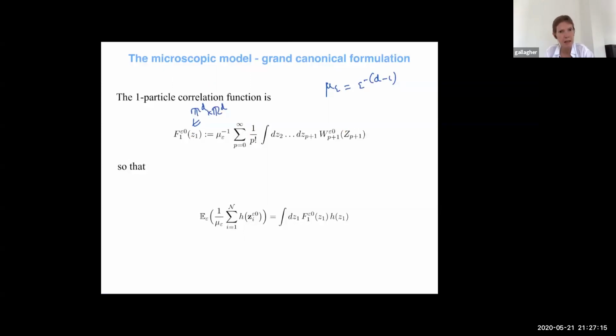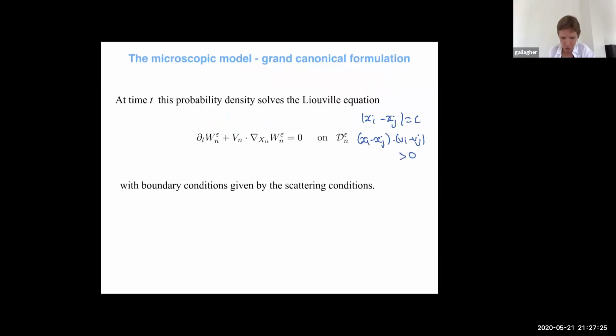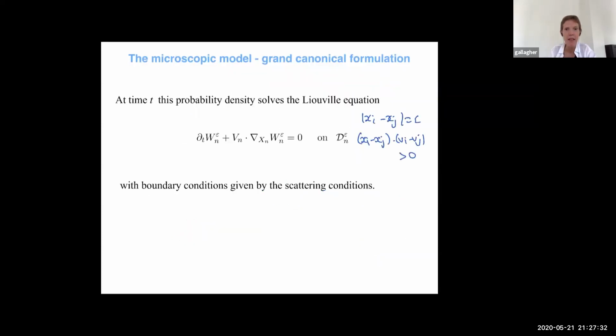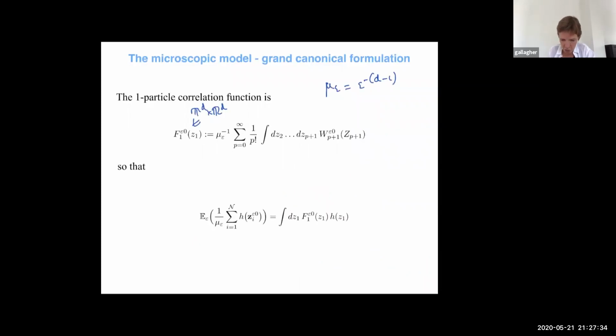Now what you can check, I won't do it right now, but it's an easy exercise, is that if you take this expected value, which I defined before, the averaging against the initial probability distribution, meaning you sum over n and you integrate against this, what happens is that you can compute the expected value of 1 over mu, the average number of particles, times the sum of any function h taken at the initial configuration, sum from 1 to n, where n is the number of particles.